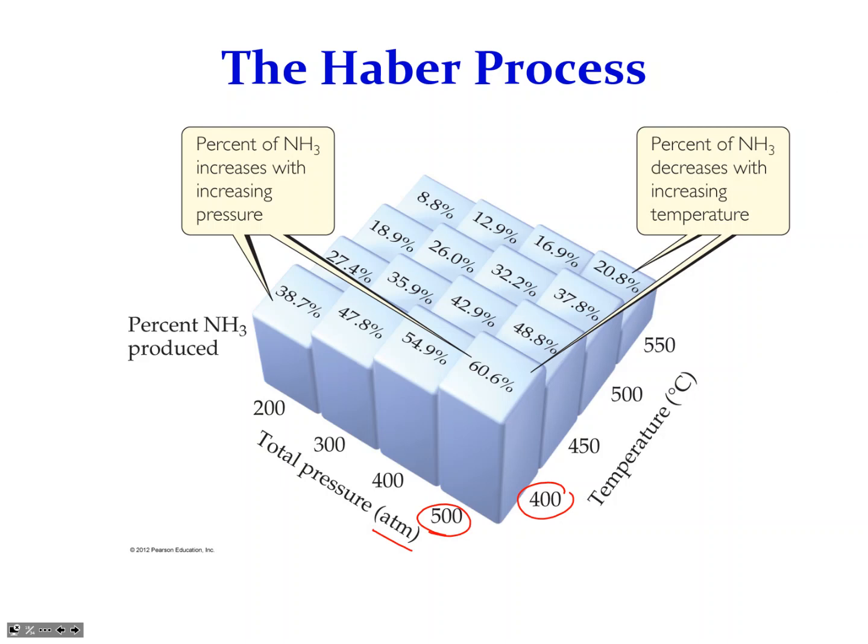But if you look at that, it's still only 60.6%. So that's not near 100 at all. But this would be a reason why this concept is used in actual real life applications.